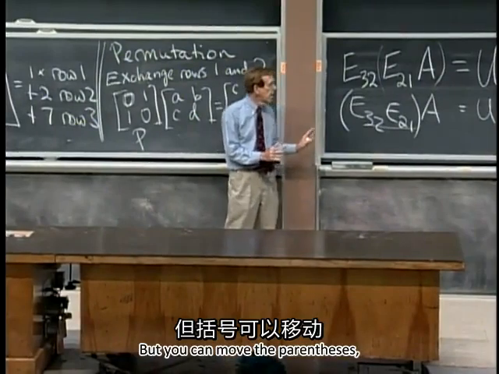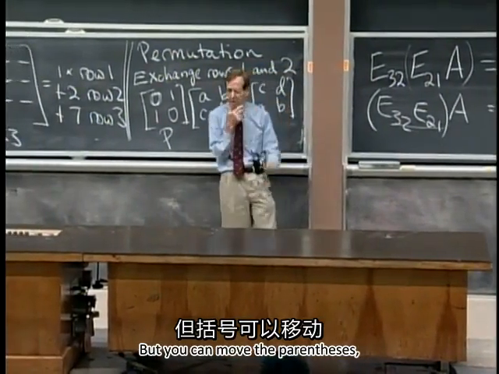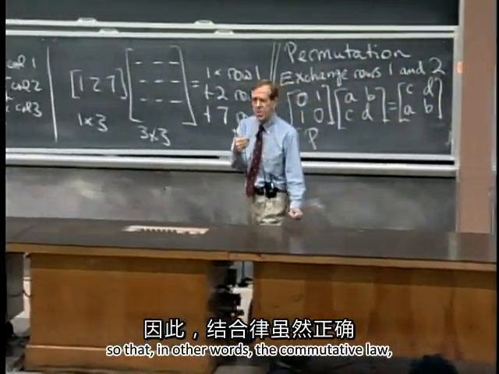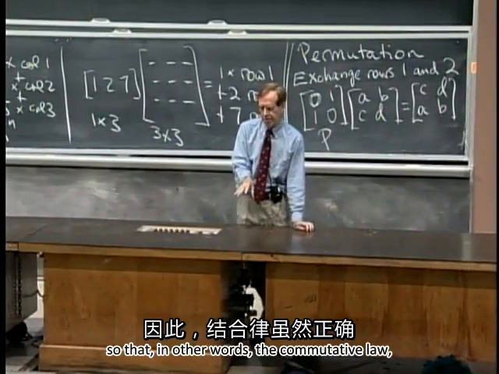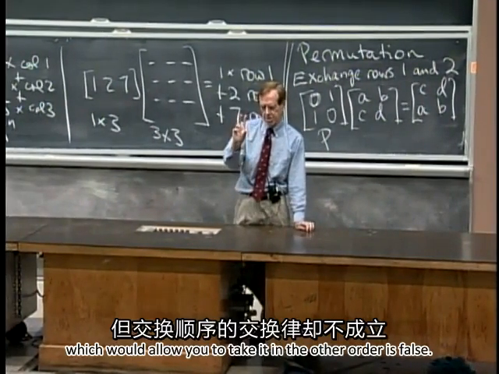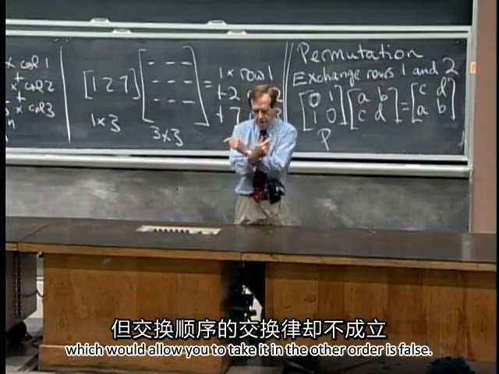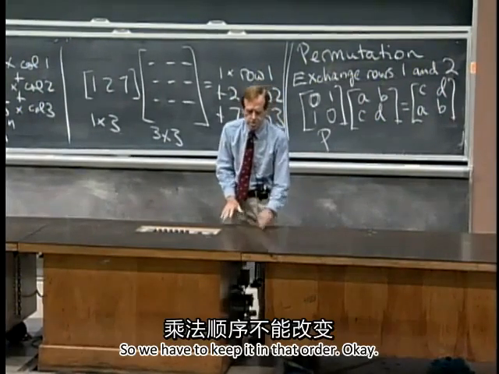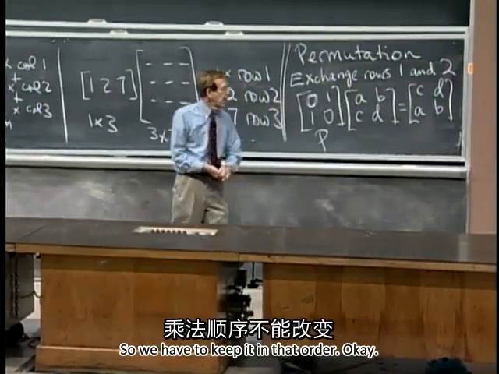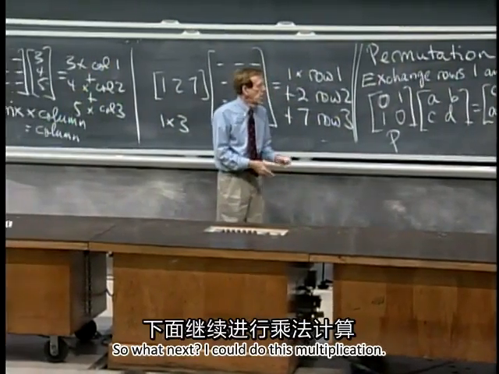But you can move the parentheses. So the commutative law, which would allow you to take it in the other order, is false. So we have to keep it in that order.